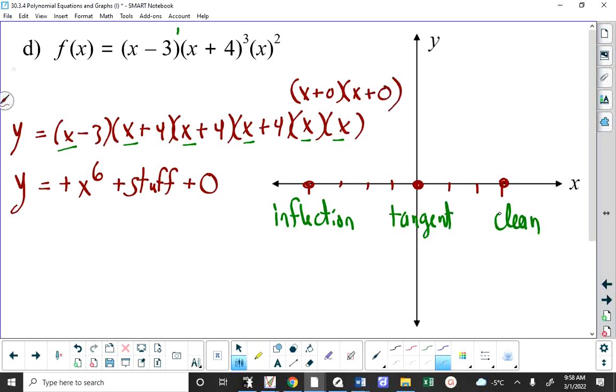In other words, since we have a factor of x, every term will contain x. You won't have a constant term, which makes sense because the y-intercept has to be 0. So how do we draw this with both arms up, with an inflection point here, a tangent point there, and a clean passage there? It has to look like this.